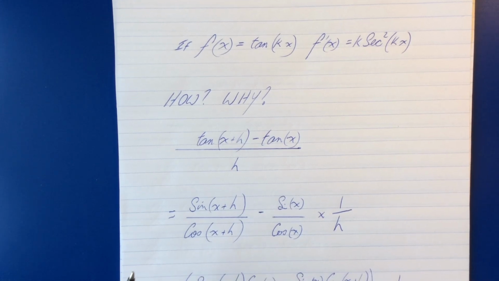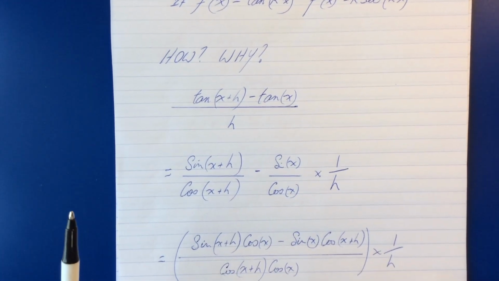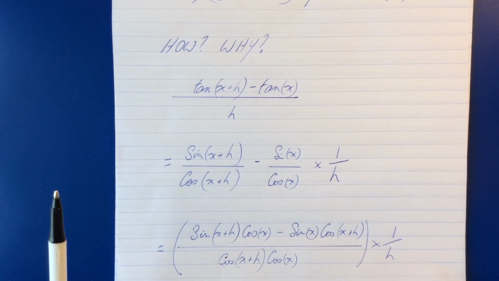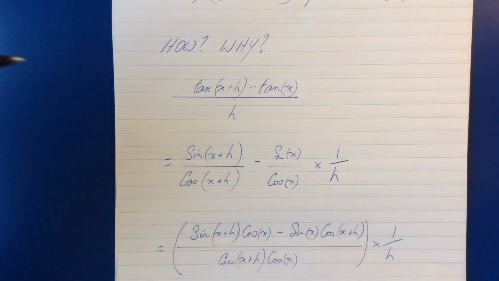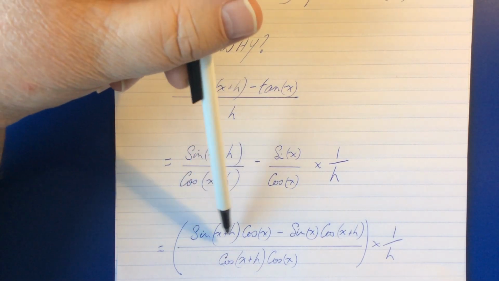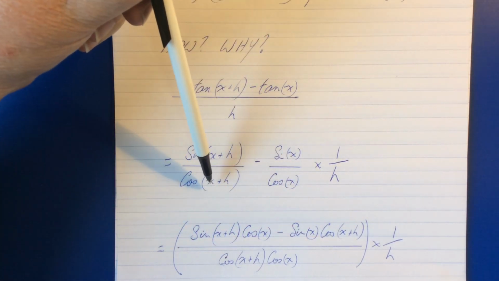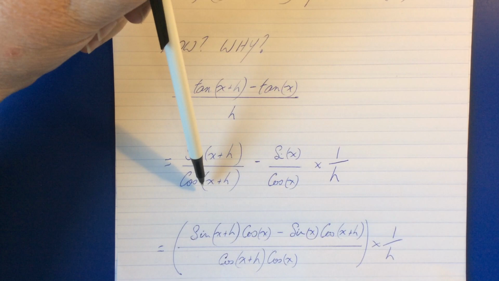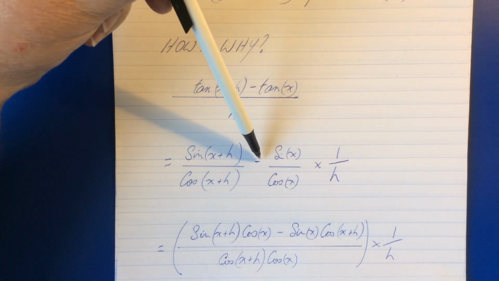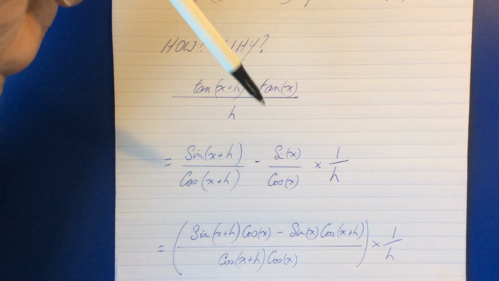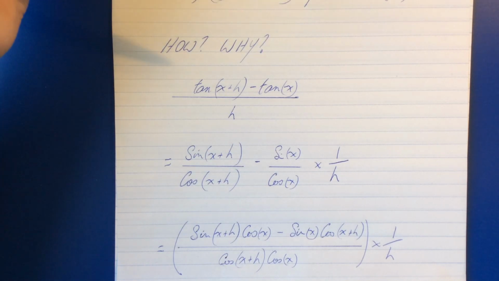Okay, so we'll do some tidying up, and what we get is this. Now, this is simply the result of cross multiplication. We've got two different denominators here and we need to perform a subtraction. It's just the rules relating to fractions.